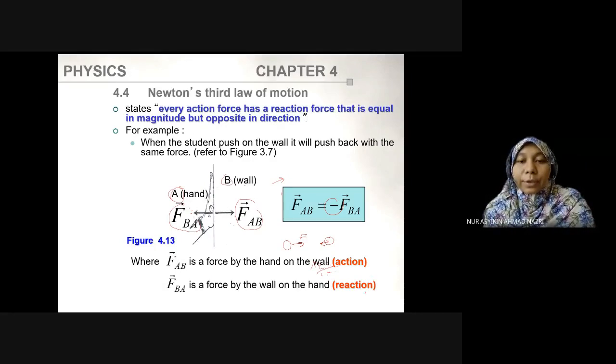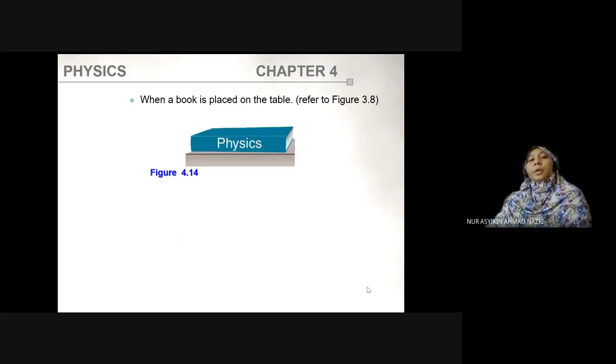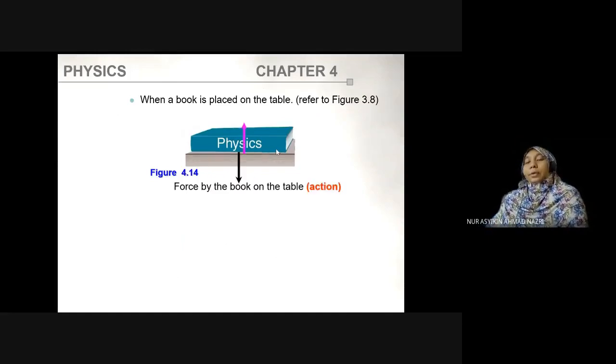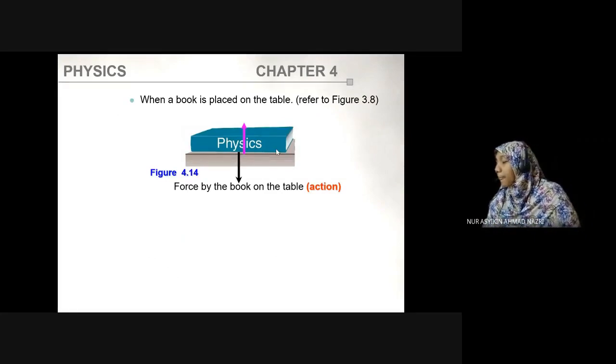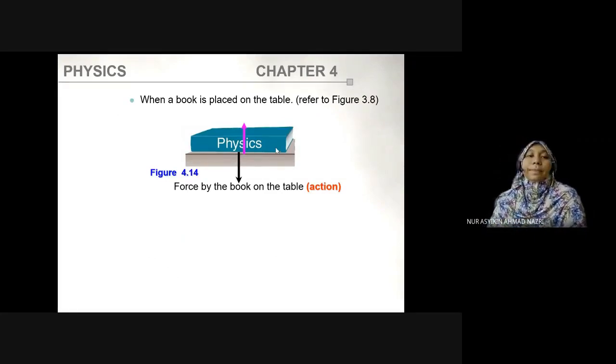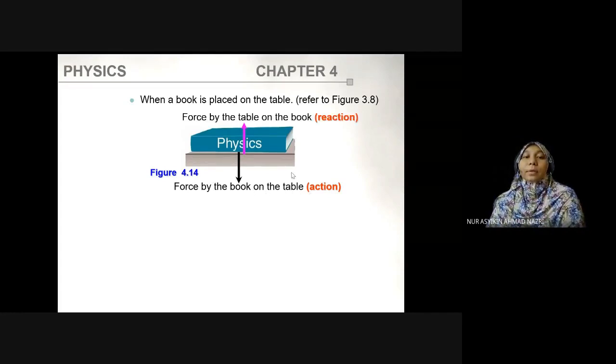Action, reaction. Alright, so contoh we have this case. Okay, sikit lagi. When a book is placed on the table, force by the book on the table, force by the table on the book. Macam ni lah, macam tadi dia tekan dinding.